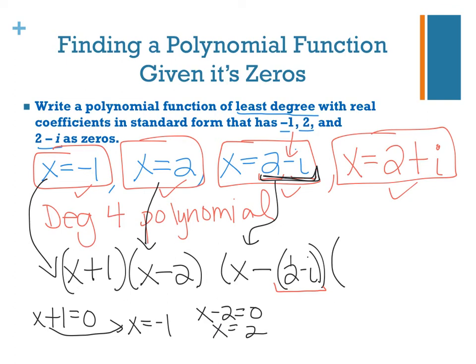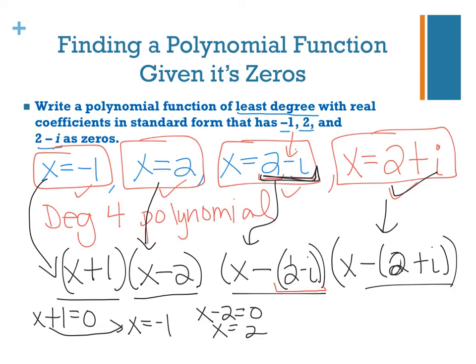And for the fourth zero, I'm going to state x minus (2 plus i). Sorry, I meant to say plus, not a t. Alright? We have 4 factors, 1, 2, 3, 4. There's a factor for every zero in our polynomial. So that's the linear factorization concept that we were talking about on the previous slide.